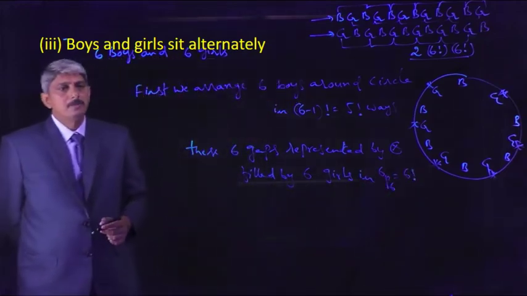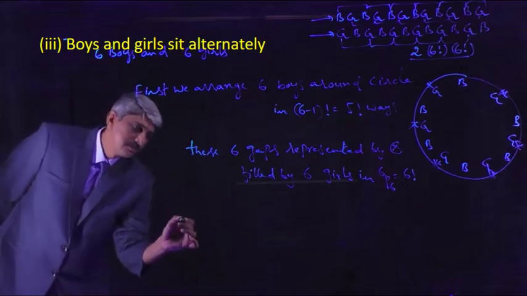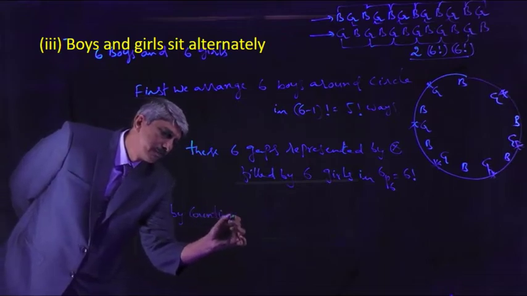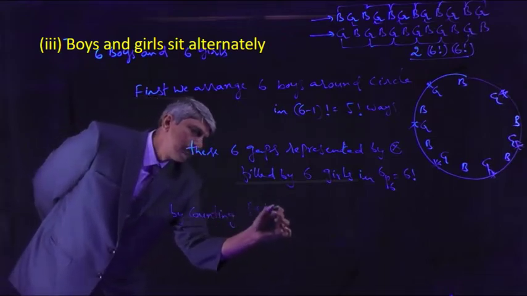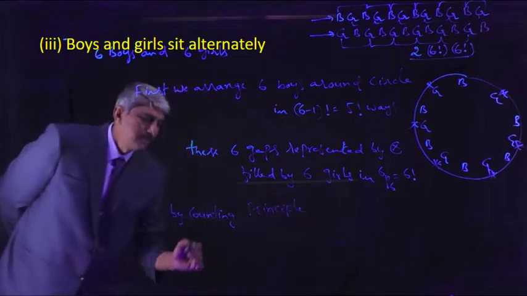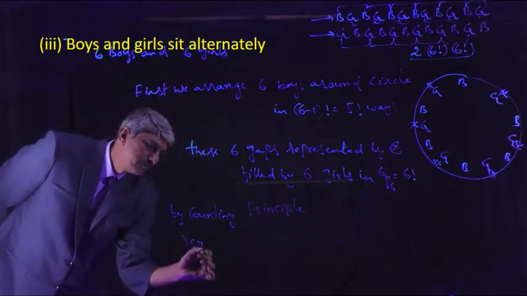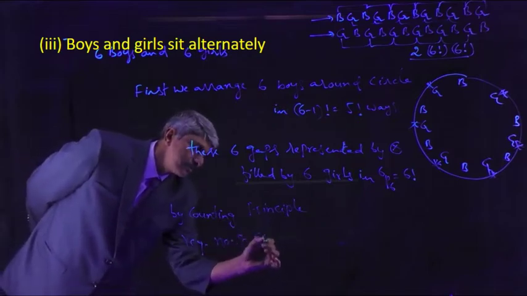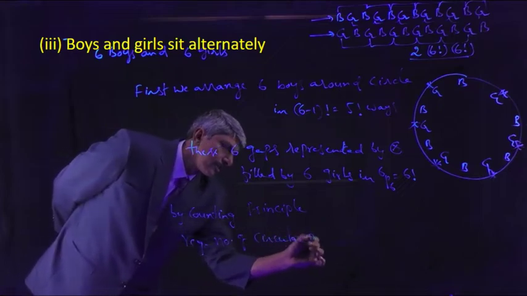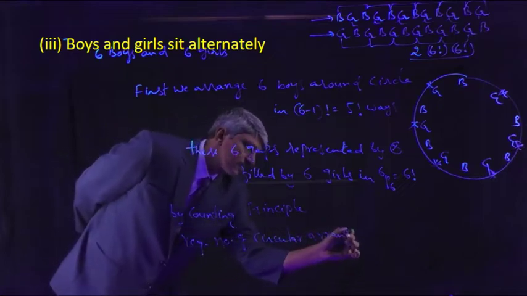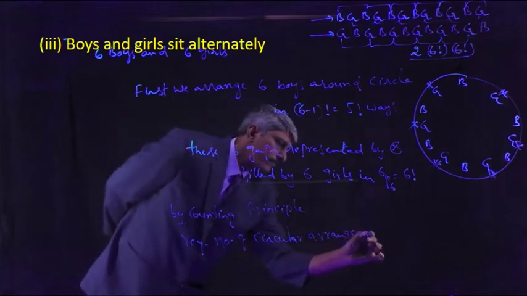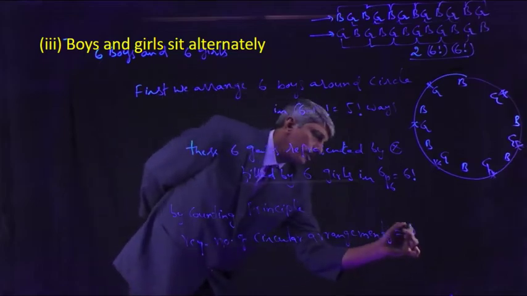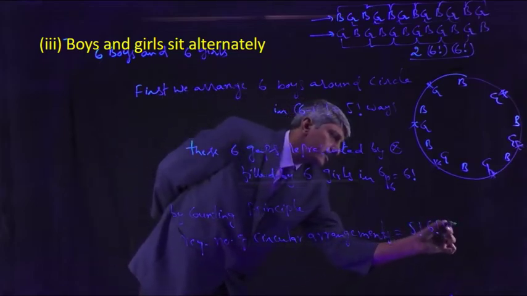Now by the counting principle, the required number of circular arrangements is equal to 5 factorial into 6 factorial ways.